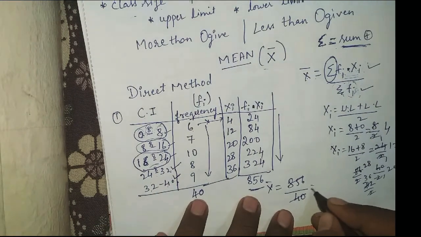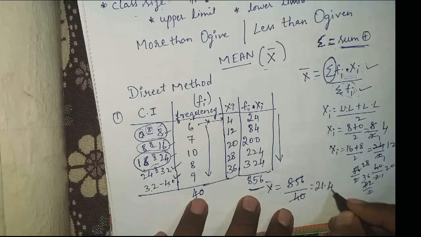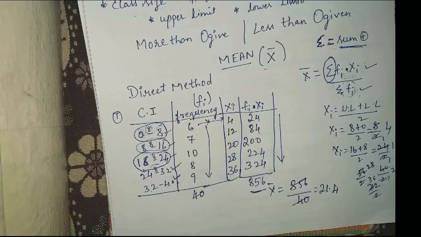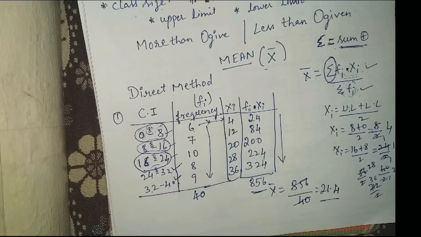You will get 21.4. So this way we calculate the mean by the direct method, and this is the value of the mean, 21.4. Got it, students?